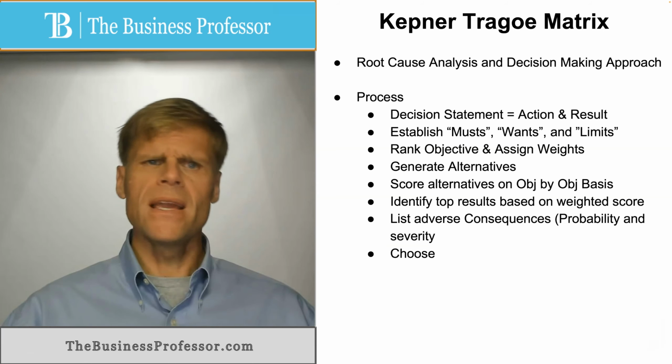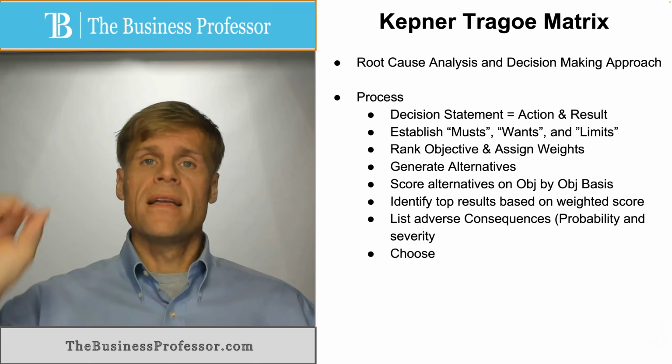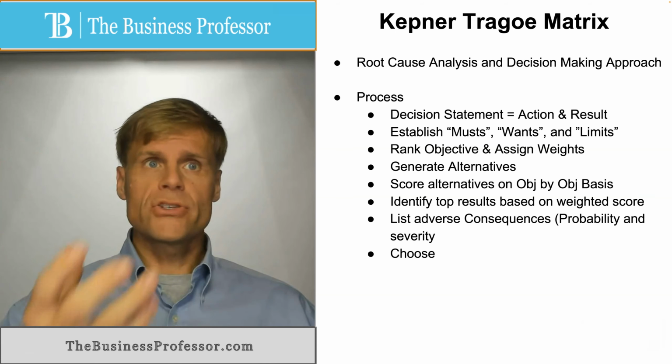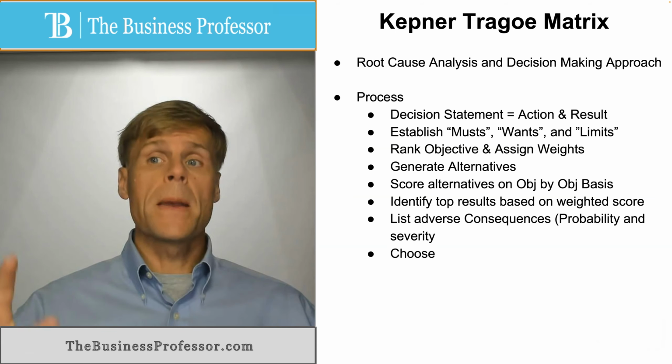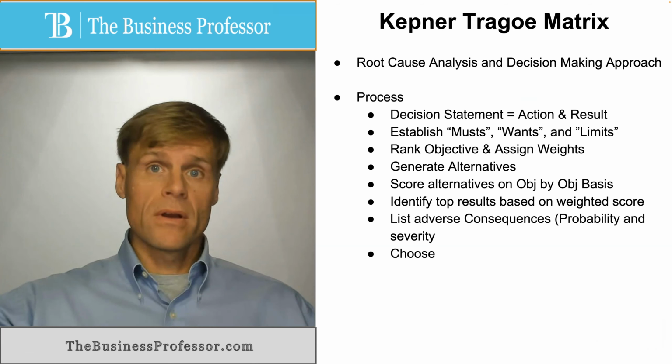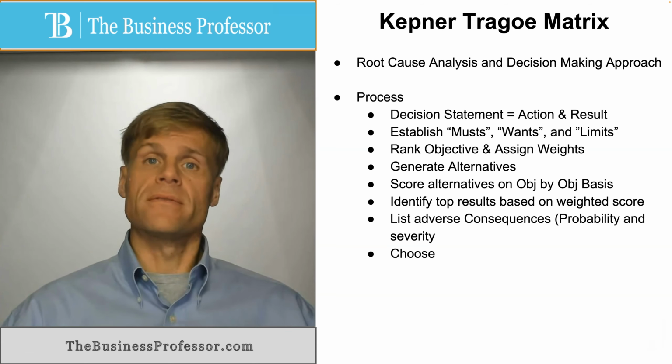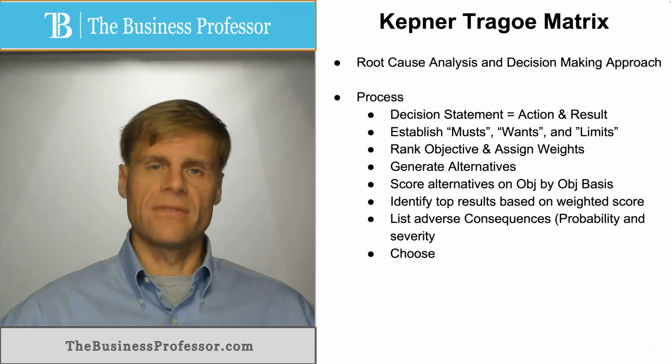Okay, and then from there you'll simply identify the top potential alternatives or decisions based upon the weighted score among these different objectives or wants within a given decision path.